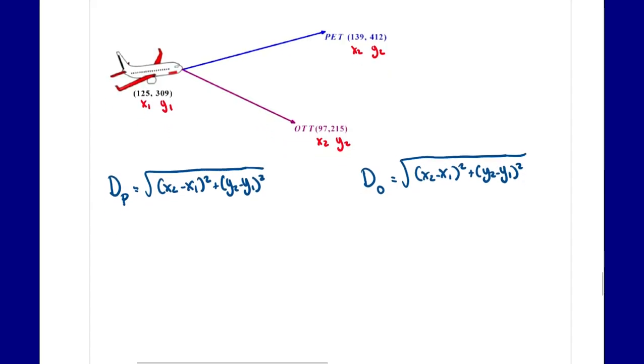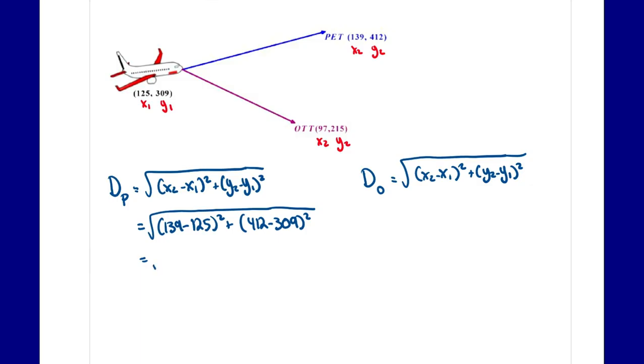I'll do the Pierre Elliott Trudeau Airport, the Montreal Airport, first, and then we'll do the Ottawa one second. So x2, we have 139 minus 125 squared plus 412 minus 309 squared. 139 minus 125, we get 14 squared plus 103 squared.